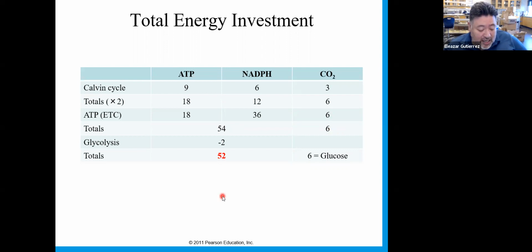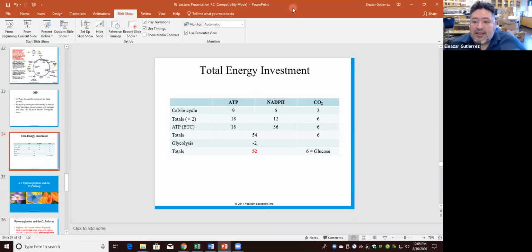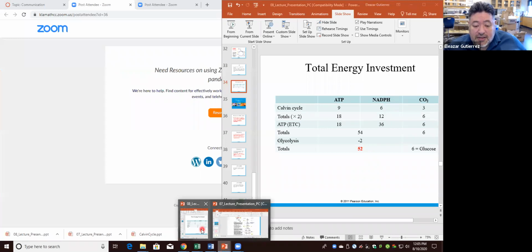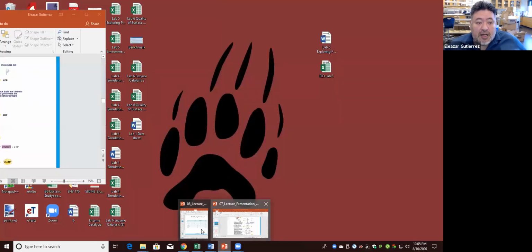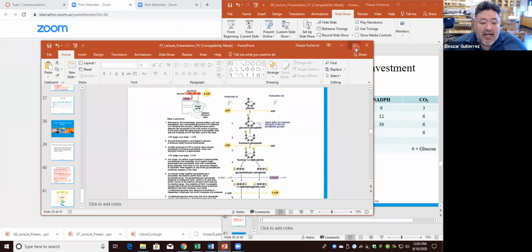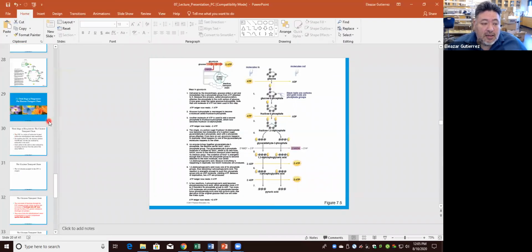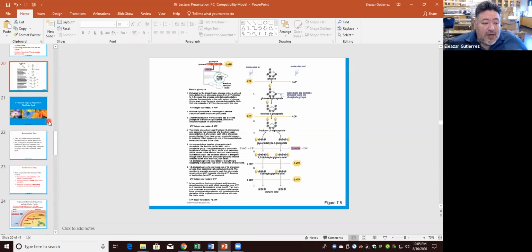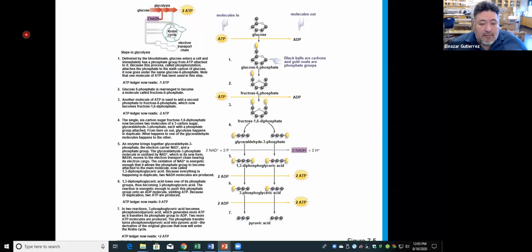Now, we get to look at where that G3P is at. This is kind of cool. Let's see if you guys see this. We're going to go to last week. This is slide 20 in last week. Look at that. There's G3P. Do you guys see it?